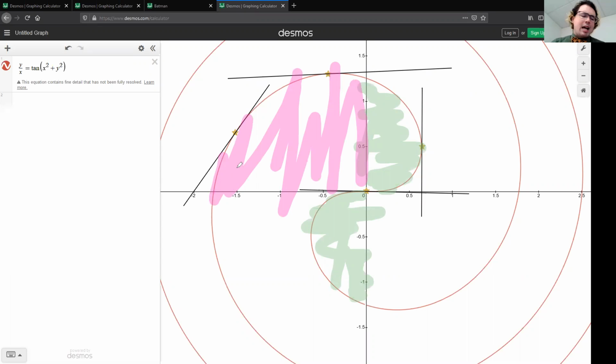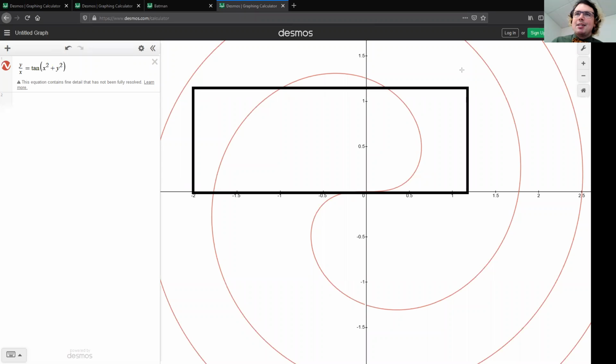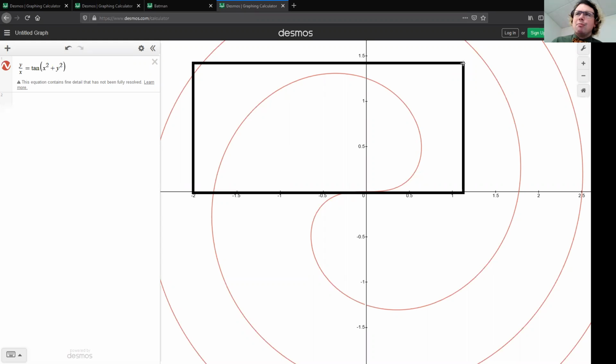In order to find those, I would need to have a function, and I would need to have an antiderivative. But it's not clear to me what is an efficient way to slice up this curve into pieces where each piece is the graph of some function.